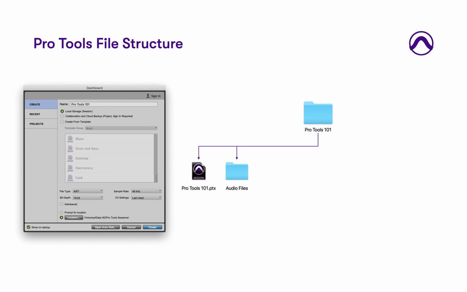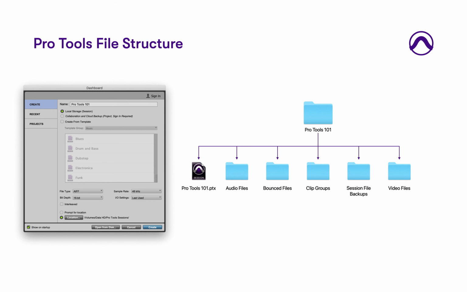This Audio Files folder gets automatically created whenever we create a new session, and along with it, so do other folders and files. Like the Bounce File folder is the default directory that Pro Tools uses for all the files that you bounce. The Clip Groups folder is where Pro Tools will store any of the clip groups that you export from your session.